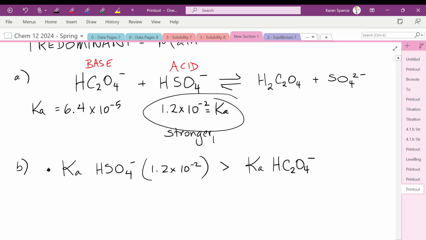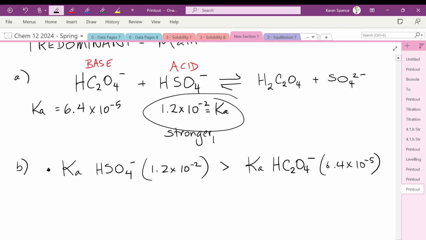Because HSO4 minus has a higher Ka than HC2O4 minus, HSO4 minus is the stronger acid, which will therefore... That's a lot of words. I want you to realize that you have just told me once again that the Ka of this one is bigger than that one.